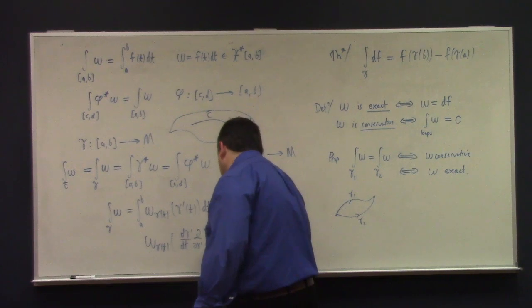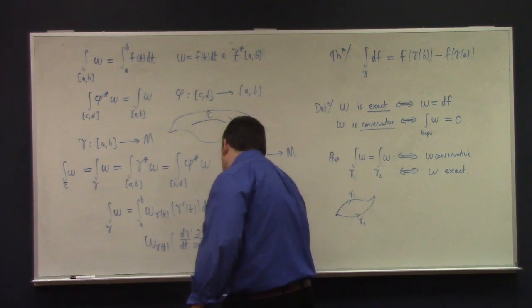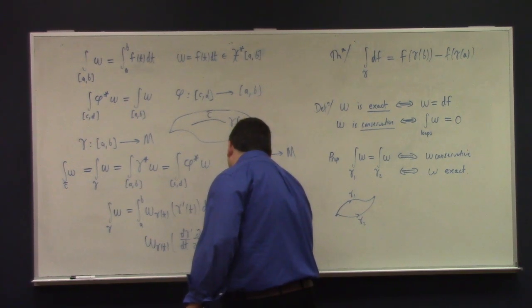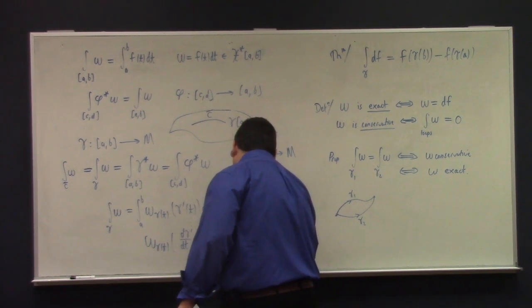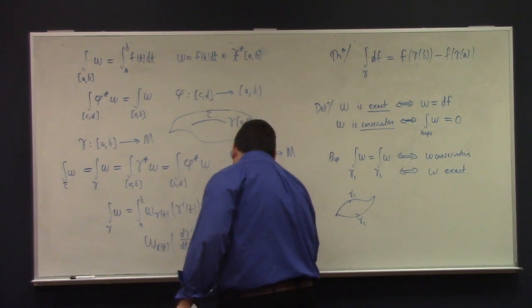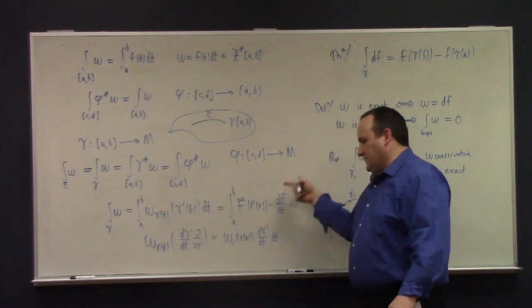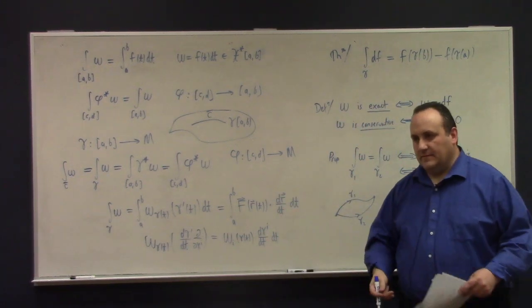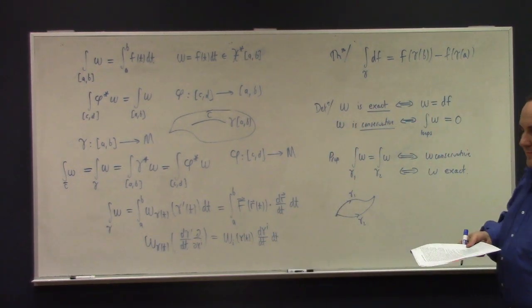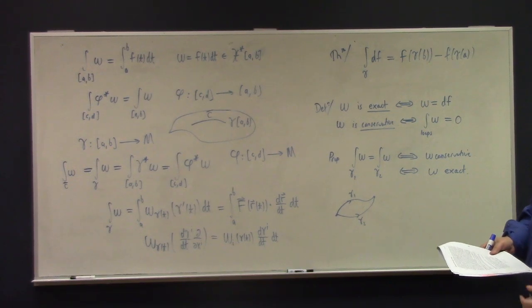So that is literally just, when you write it out, omega i at the point times d gamma i/dt. But it is literally this same thing, if you can see through it.